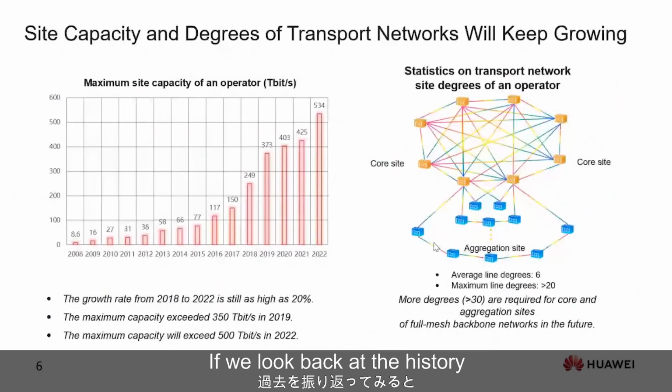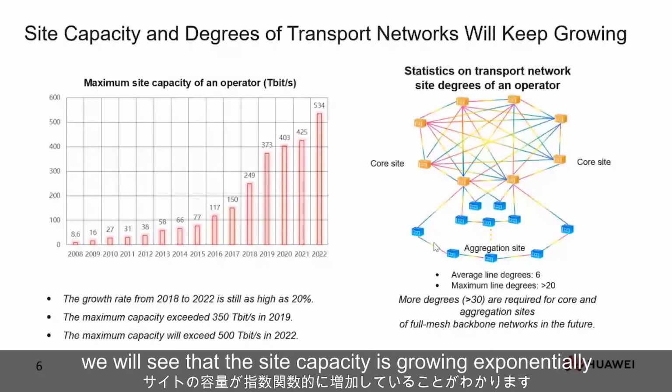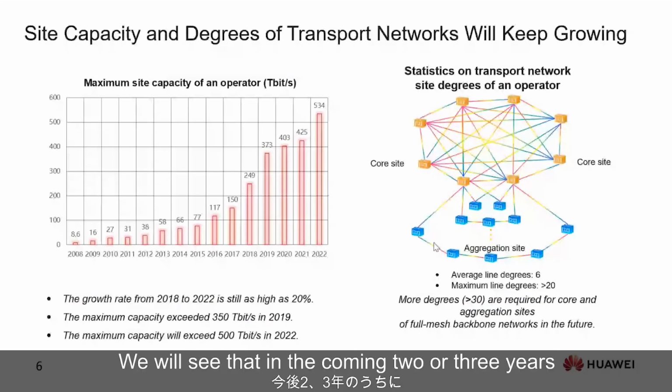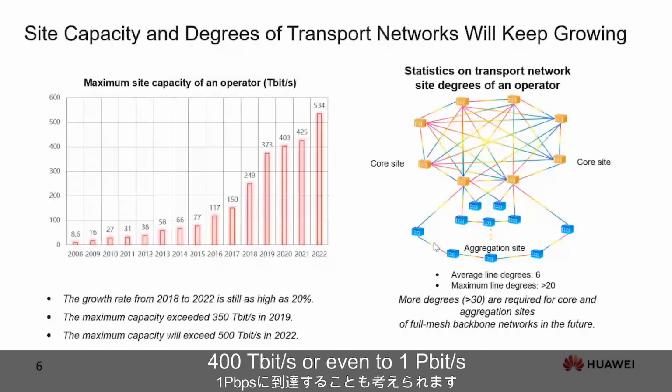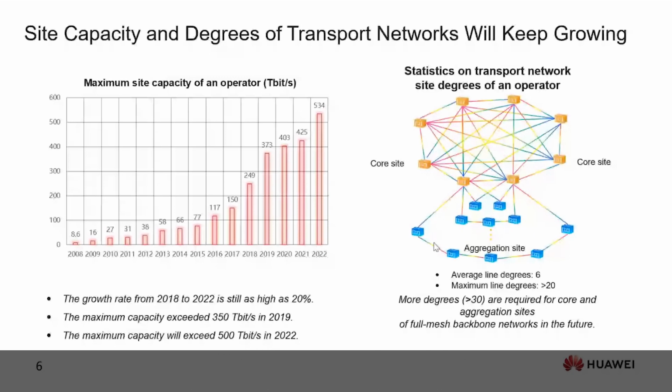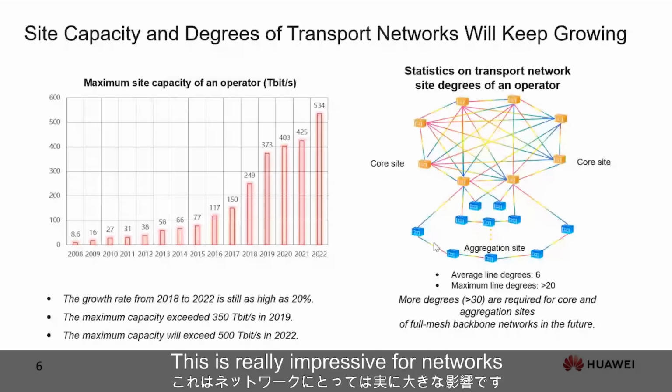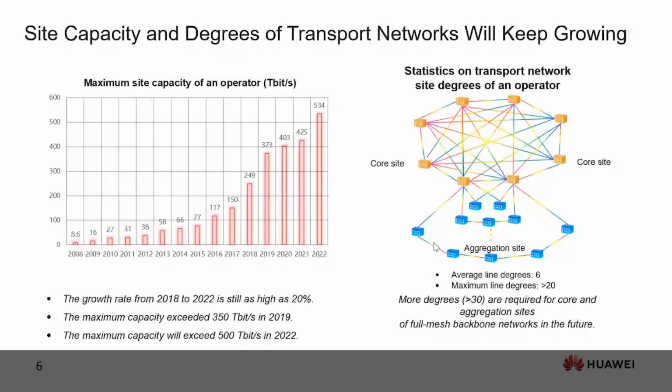If we look back at the history, we will see that the site capacity is growing exponentially. In the coming 2 or 3 years, the capacity of the site will be more than 400 terabit or even 1 petabit. This really puts pressure on the network.